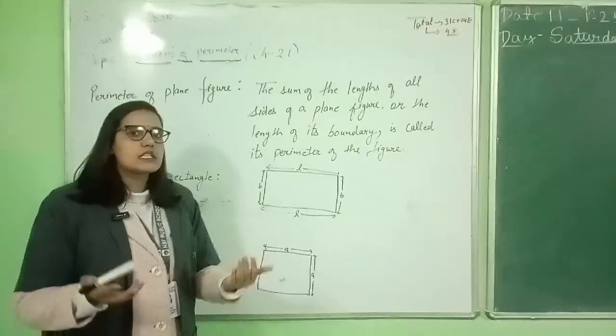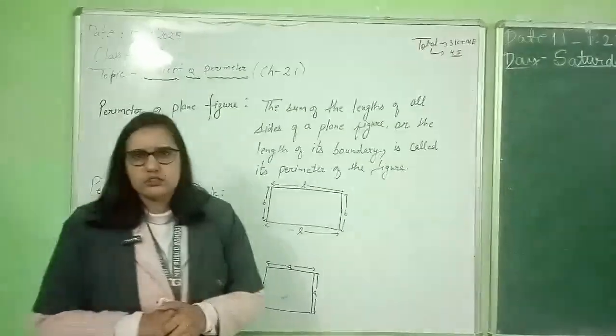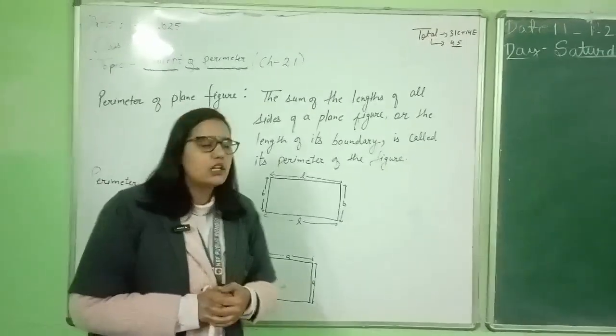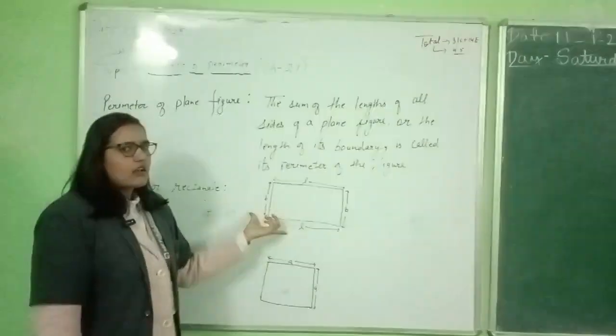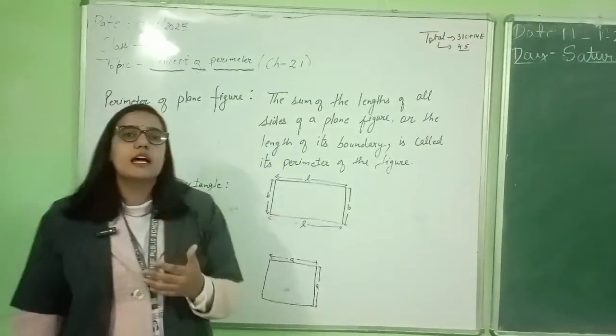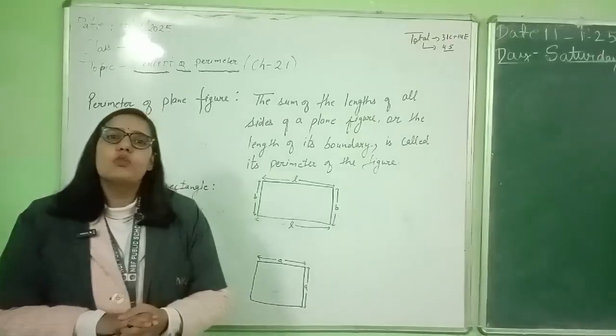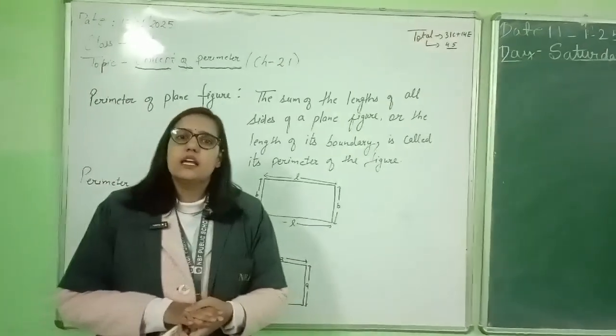Now we are taking some plane figures. The first figure we are taking is a rectangle. So this is our rectangle. First you know what a rectangle is. The rectangle is a plane figure whose opposite sides are equal.